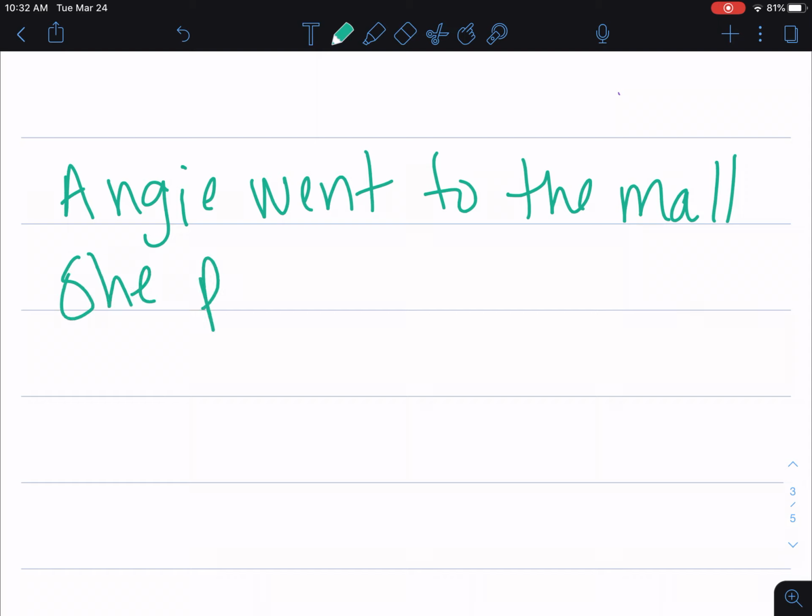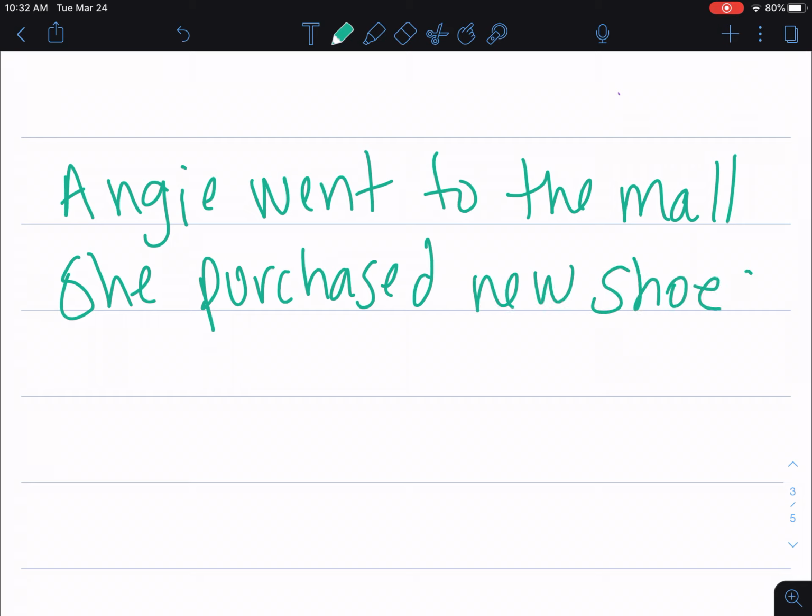She purchased new shoes. Okay, so Angie went to the mall. She purchased new shoes. All squished together. So that's how I like to think of a run-on sentence. It's two or more complete thoughts, two or more complete sentences, all squished together in one.